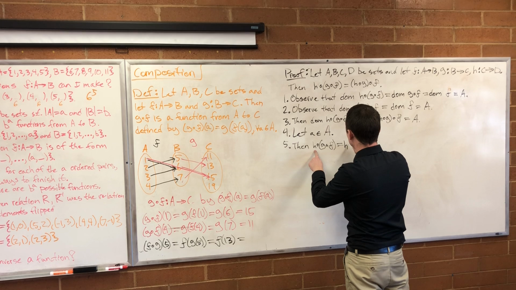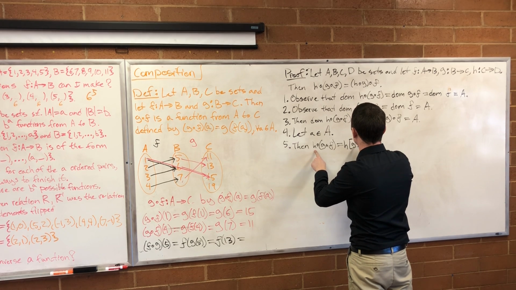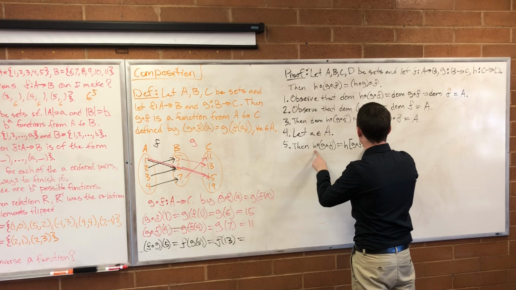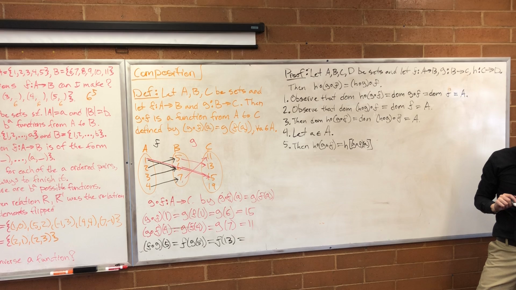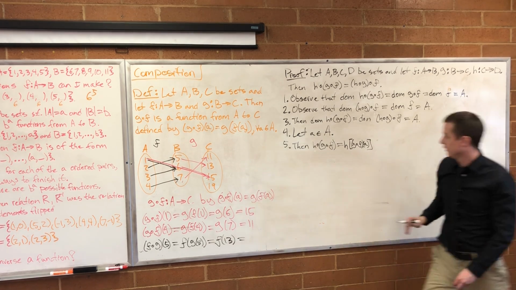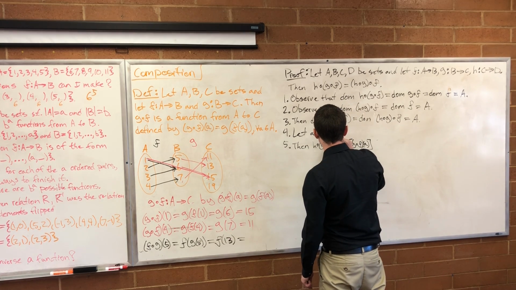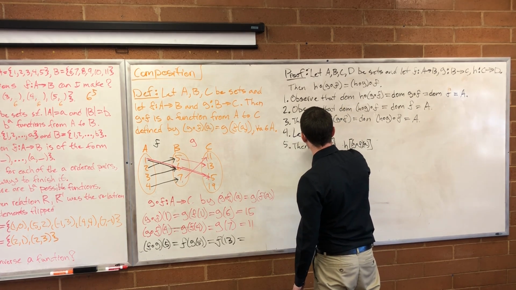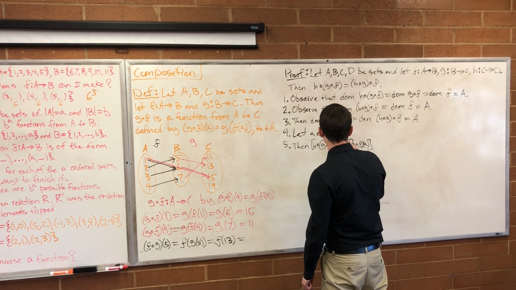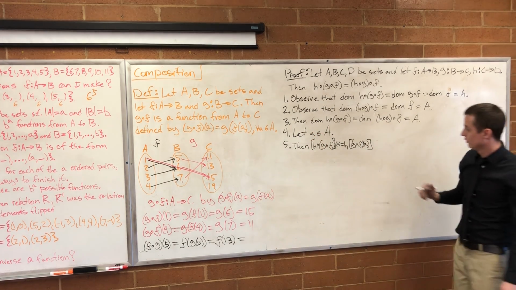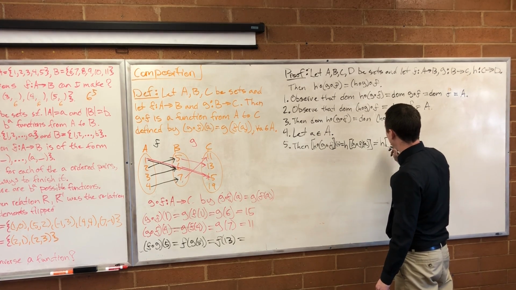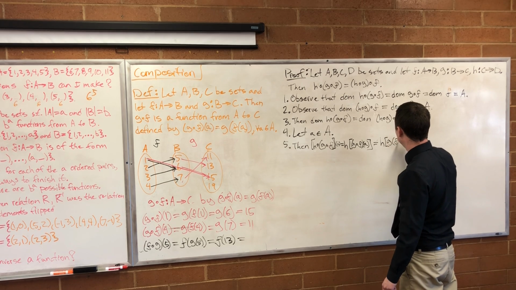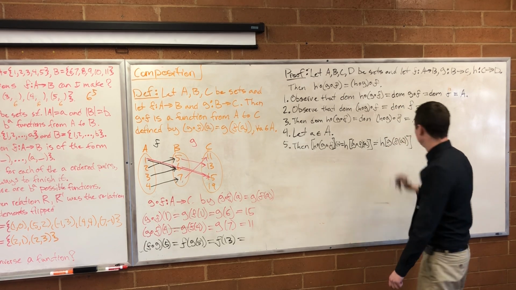So it's h of g composed with f of a. You follow that? Yeah, but aren't you missing your a first? Oh, thank you. So this is equal to h of g of f of a, right?